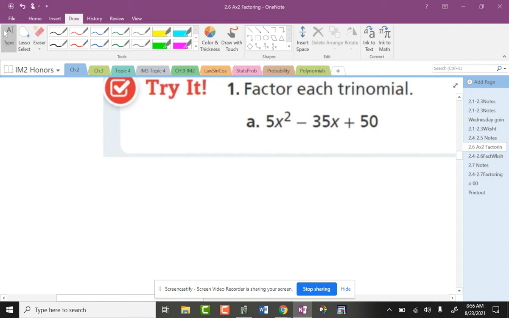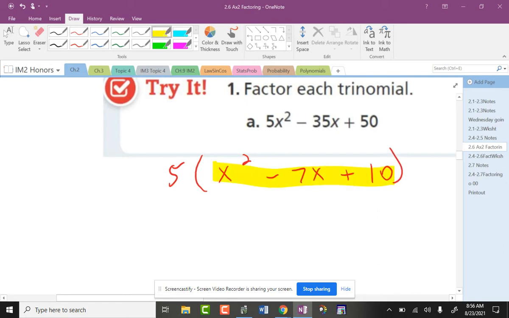Gotcha. All right. Do you have a GCF? Yes or no, Caleb? Oh yeah. What is it? Isn't it 5? And then you're left with, I'll do this part for you. Times tables, don't make mistakes on that. And now what's left over? Is that factorable, yes or no? Yes. What multiplies to be 10 and adds to be -7? -5 and -2.